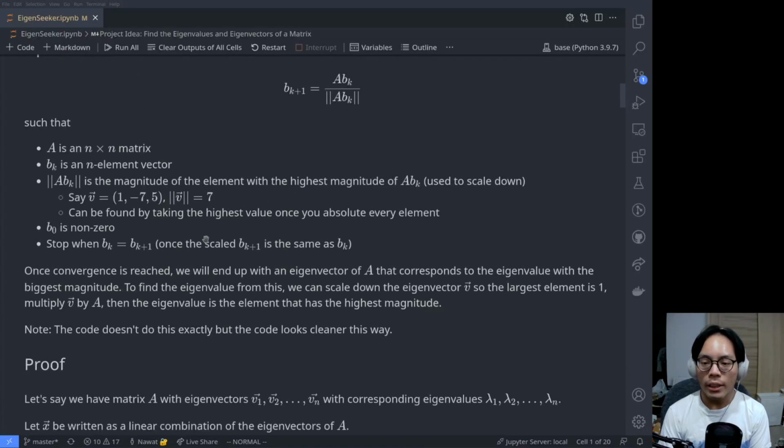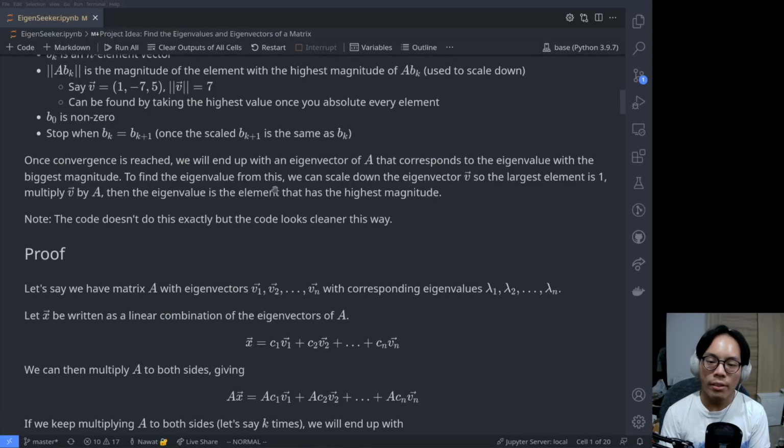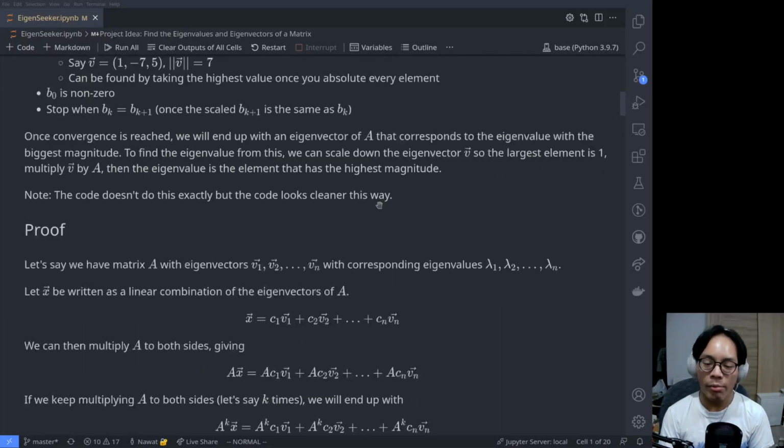So basically, you can check that by checking if you multiply your current guess by A and then you scale it down by this, then you should get the previous guess. Now, once it converges, you will end up with the eigenvector of A that corresponds to the eigenvalue that has the highest magnitude.